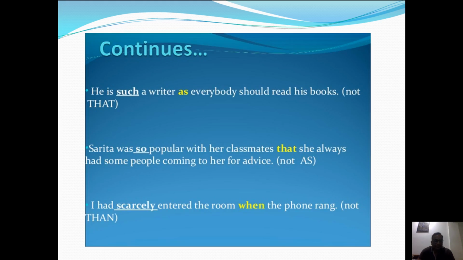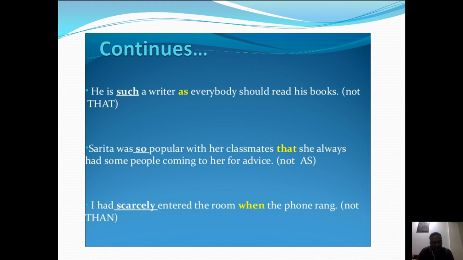He is such a writer as everybody should read his book, not that. We cannot use that: he is that a writer as everybody should read this book, or he is such a writer that everybody should read this book. Sarita was so popular with her classmates that she always had some people coming to her for advice, not as.